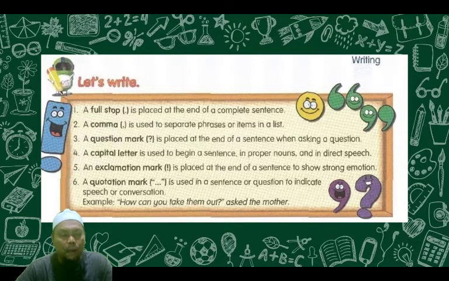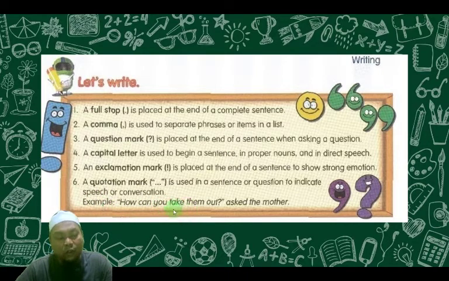You should remember that. Okay, the next one, an exclamation mark is placed at the end of a sentence to show strong emotion. For example, you say help, help. When you write it, you should put an exclamation mark. Okay, the last one, a quotation mark, is used in a sentence or question to indicate speech or conversation. Let's see the example here.